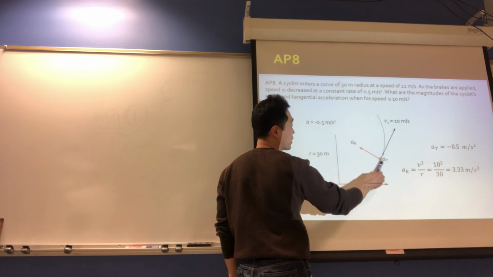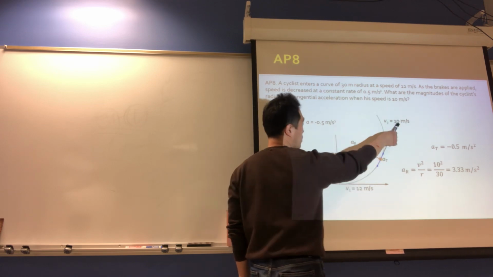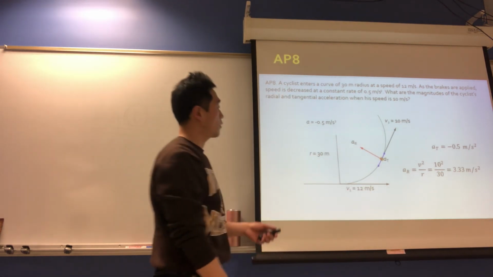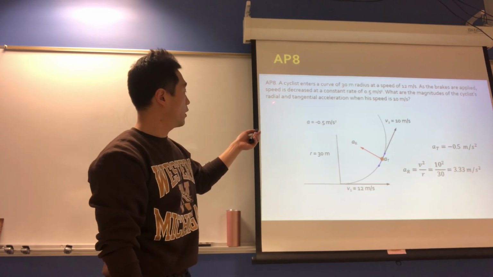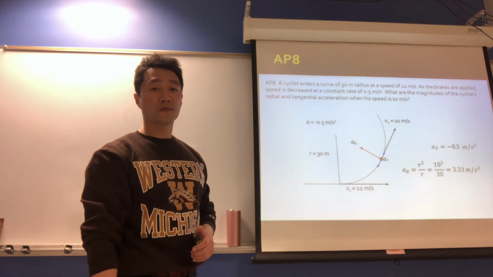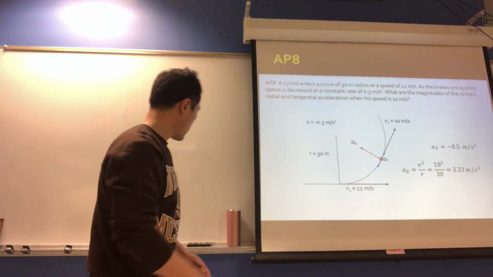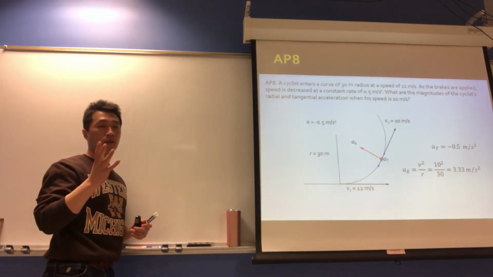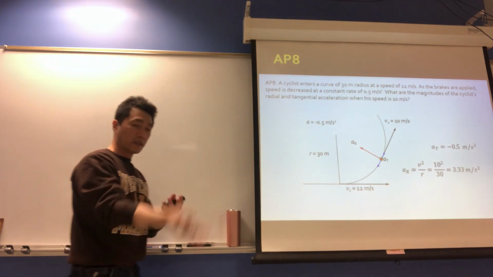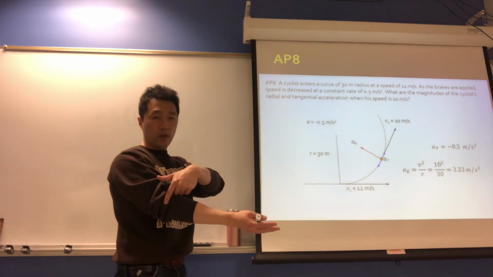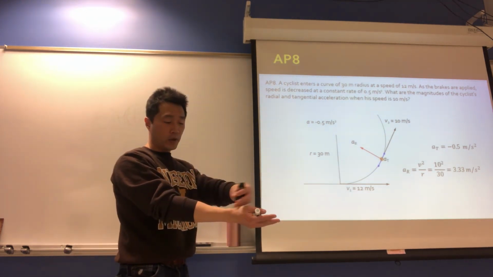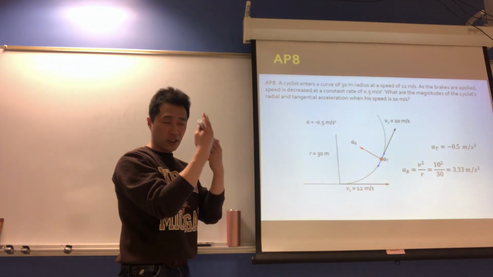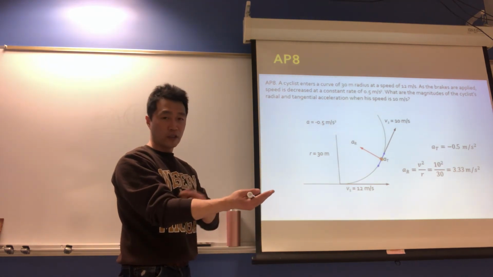When he is here, at 10 meters per second, what are the magnitudes of the cyclist's radial and tangential acceleration? As you learned in class, there are two accelerations. Whenever you rotate something, the joint center generates angular motion, and any point on this rotating body experiences linear motion. That's why we can relate these two.